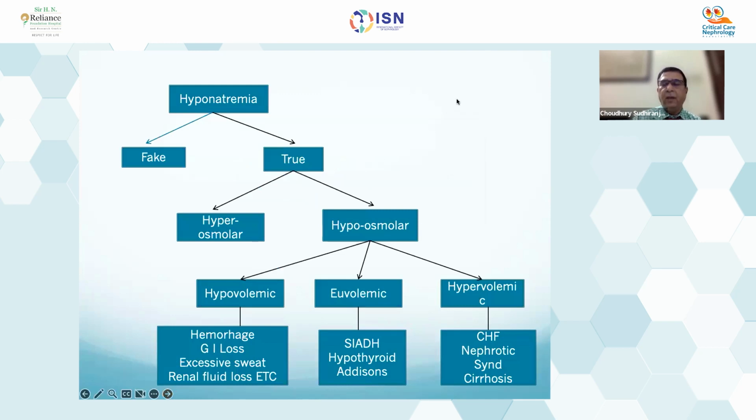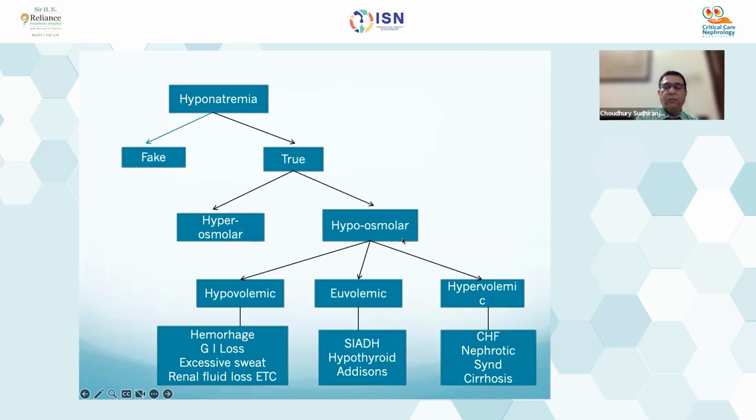As you know, hyponatremia can be divided into true hyponatremia or false hyponatremia. In true hyponatremia, those could be hypoosmolar or hyperosmolar.